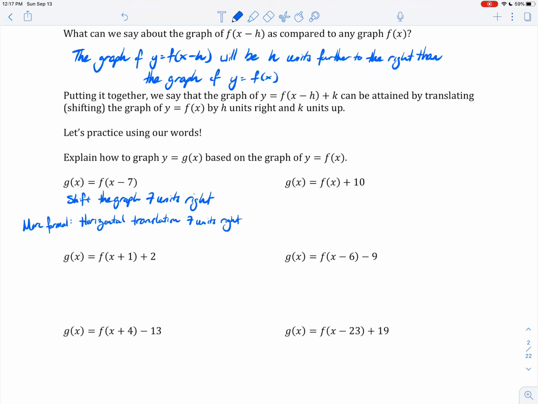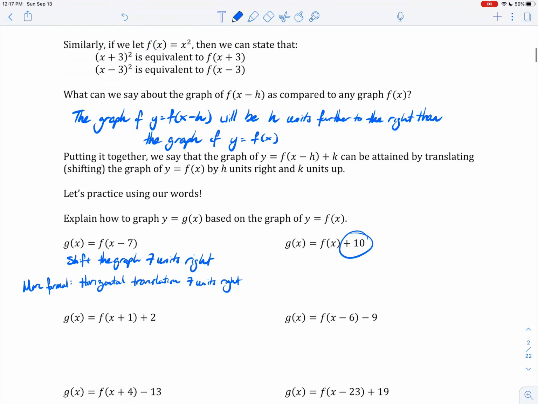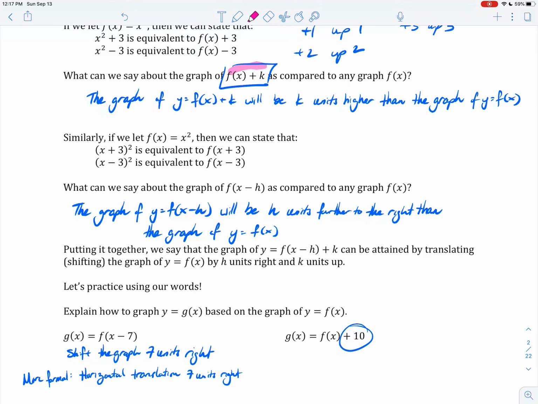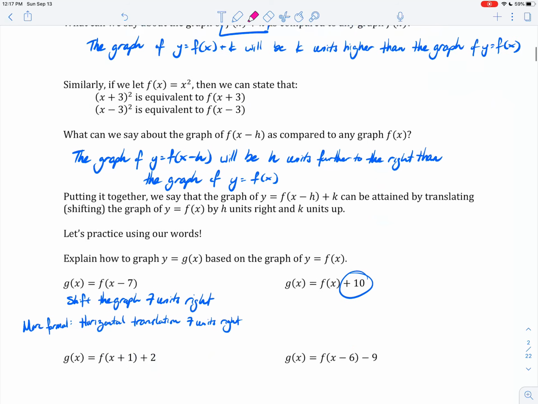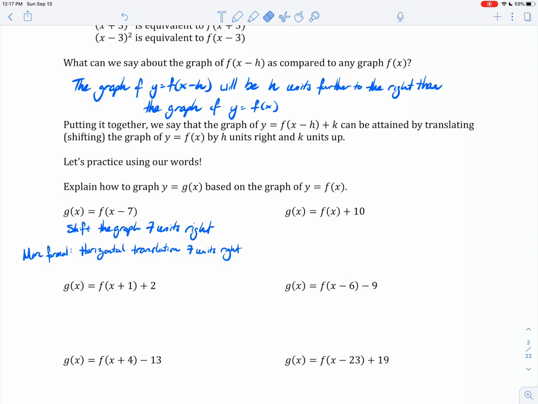Looking at this one, this is outside the brackets is plus 10. So we're looking at a case more like this. And y equals f of x plus k will be k units higher. We're going to go up by k. In this case, it's not just some general k, it's actually 10.